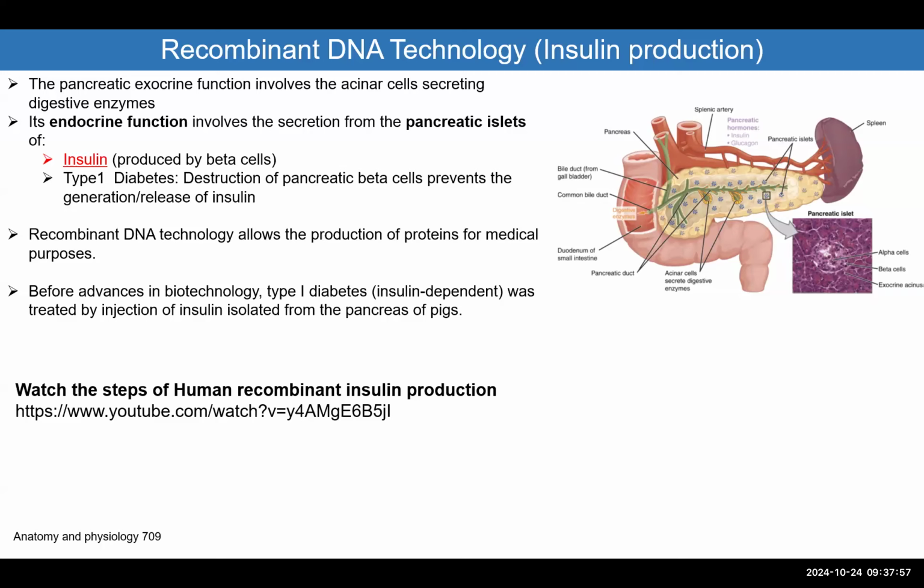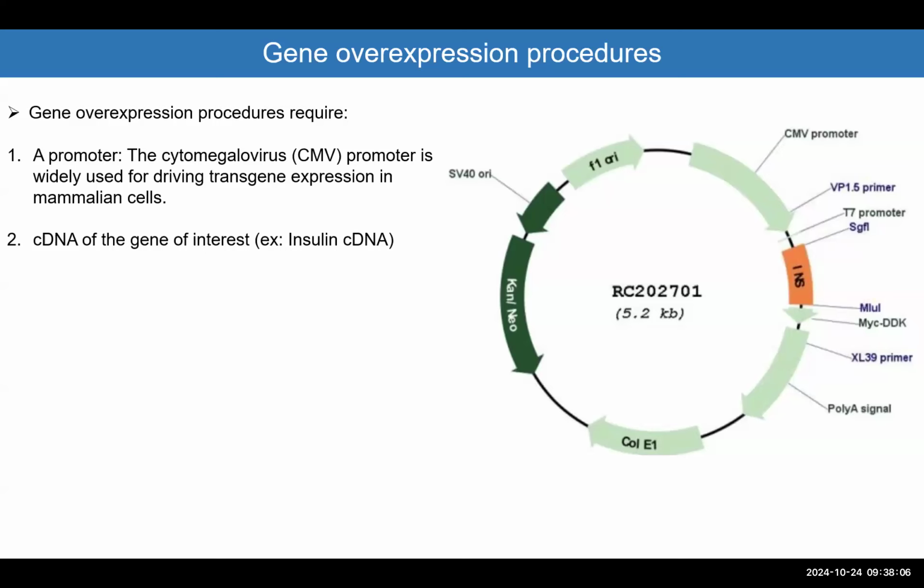What exactly should you do in order to be able to overexpress or generate insulin in vitro? So in principle, in order to express, not only overexpress, a gene, you would need a promoter. And in this situation, this is a cytomegalovirus promoter. It's a virus that affects us, but its promoter is widely used in research because it's active all the time. And it's being used in transgene expression in mammalian cells.